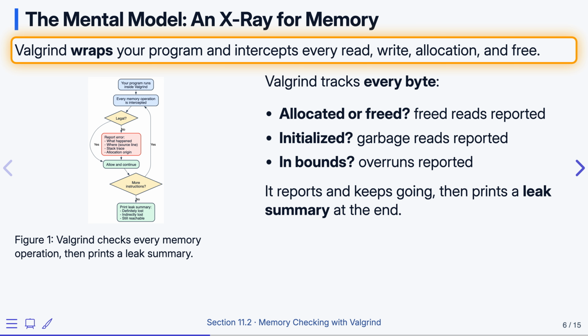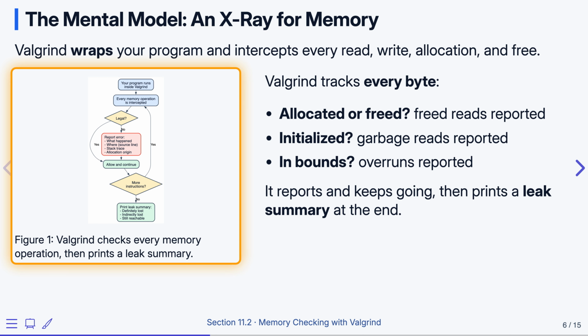Think of Valgrind as an X-ray machine for memory. It wraps your program and intercepts every memory operation, every read, every write, every allocation, and every free. This figure shows the loop. For every byte, Valgrind tracks three things. Is it allocated or freed?